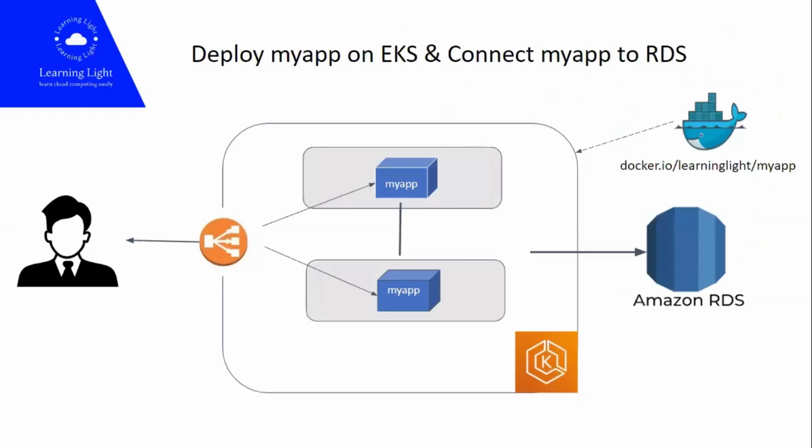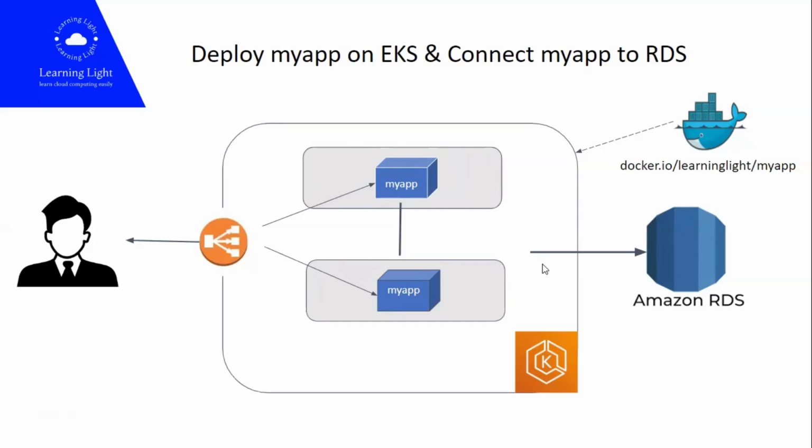So this is our architecture actually. Here we have one EKS cluster that we will create shortly. Within that EKS cluster, we will have two nodes. These are basically EC2 instances, running as a part of this Kubernetes cluster inside the AWS EKS environment.